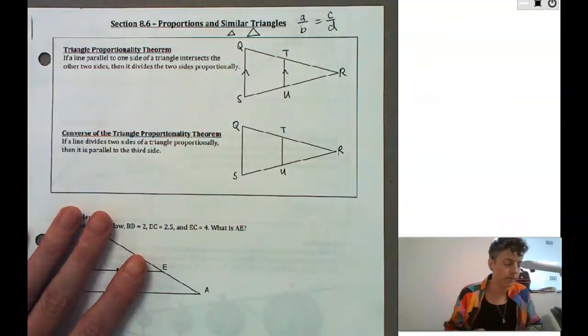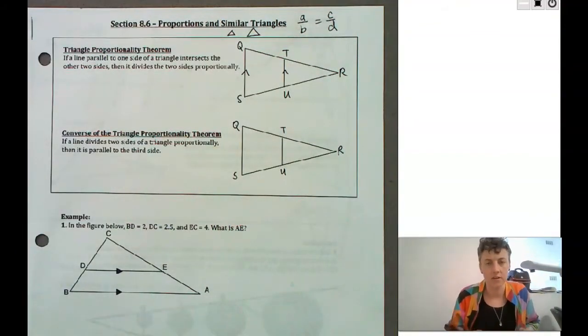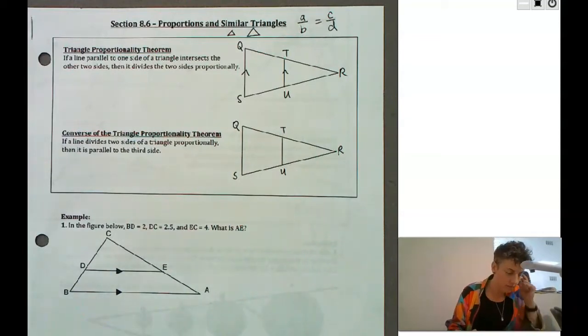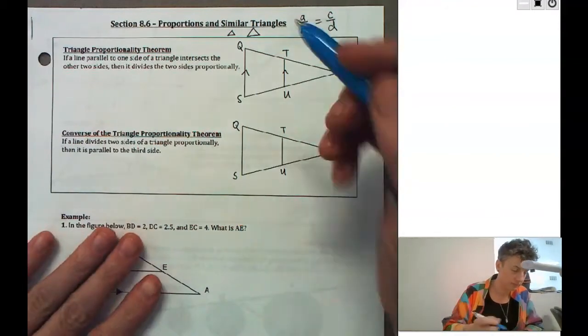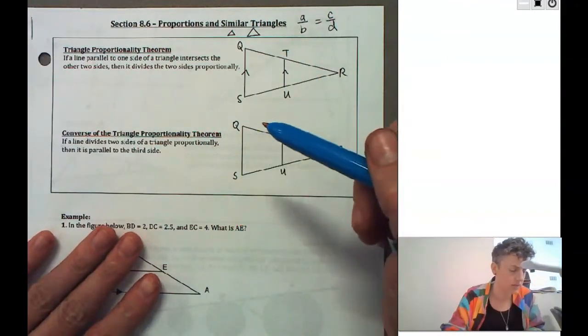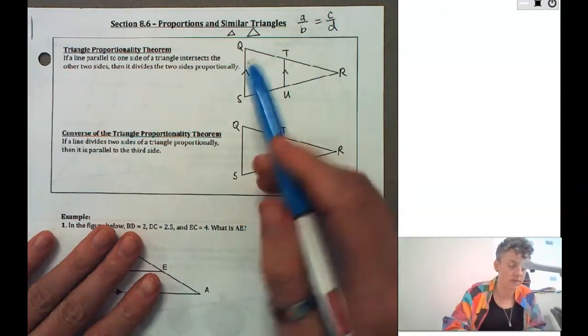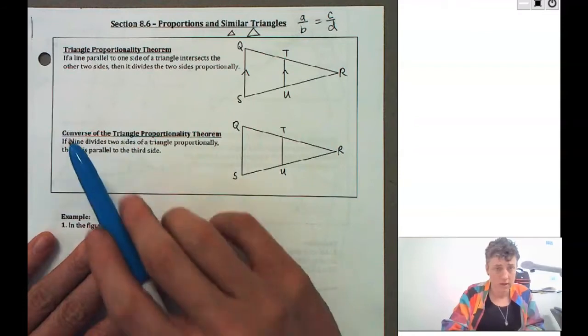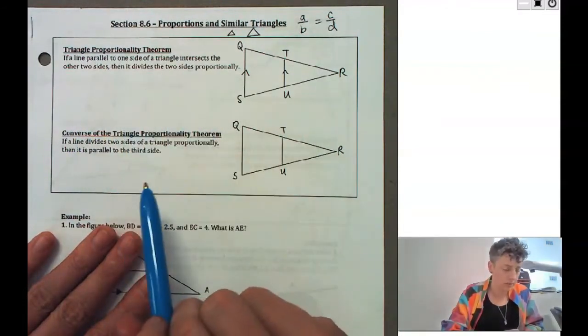Cool. Alright, the triangle proportionality theorem says that if a line parallel to one side of a triangle intersects the other two sides, then it divides the two sides proportionally. So if we have two parallel lines that are part of those triangles, then it divides the two sides proportionally.